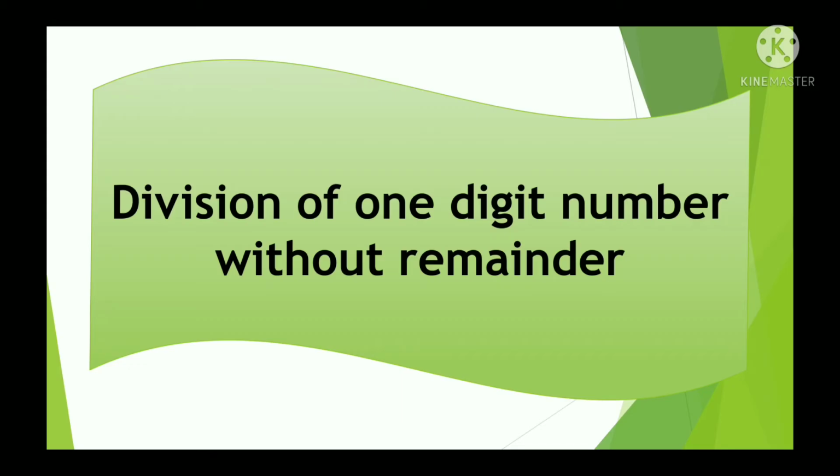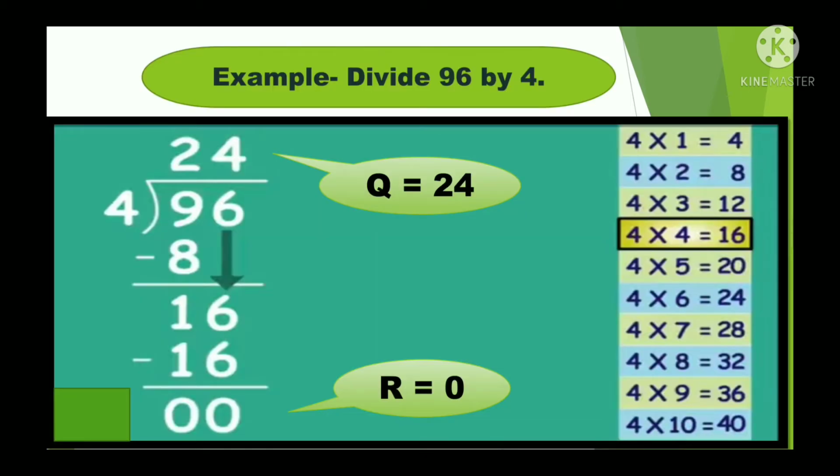Now students, we'll see division of a one-digit number without remainder. Example 1 is: divide 96 by 4. When we do the division of 96 by 4, first we take the first digit, which is 9, and count the table of 4 to see which one is closest to 9.